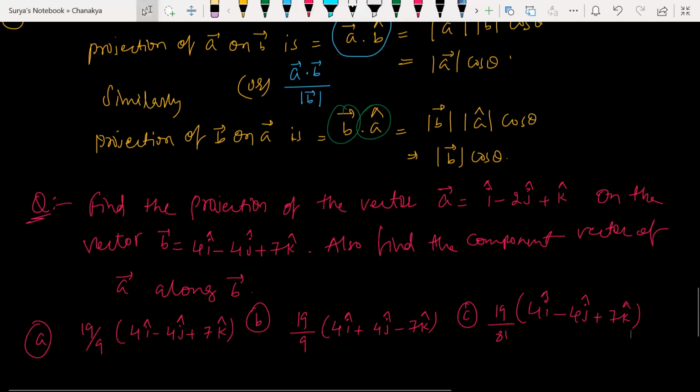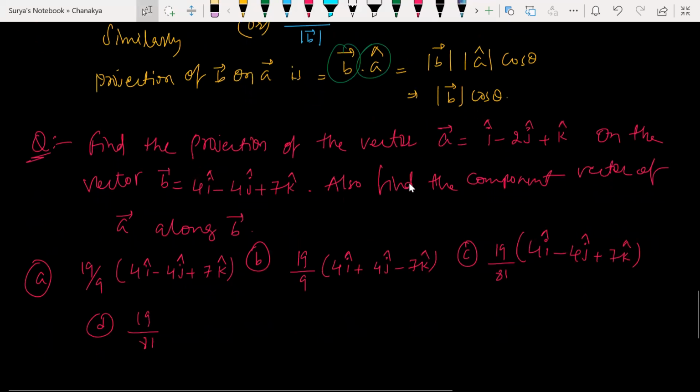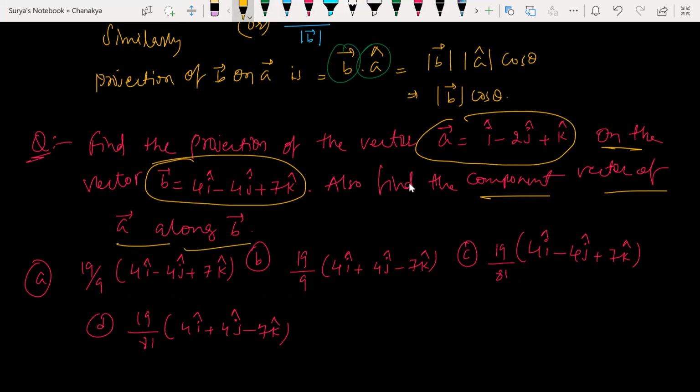Is it clear? Option D: 19 by 81, 4i cap plus 4j cap minus 7k cap. Find the projection of A on B, and also find the component of vector A along B. Make it fast. Very simple.